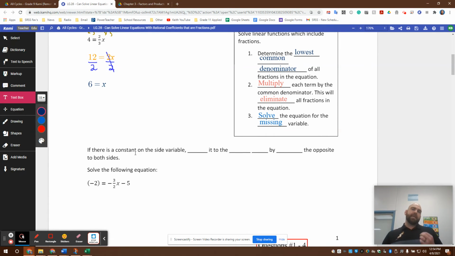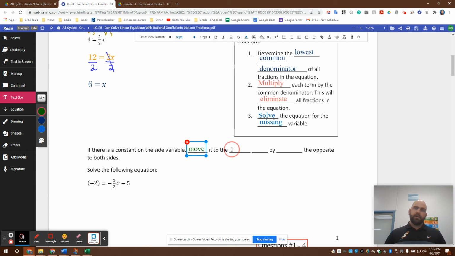Now, if there is a constant on the side of the variable, like we have right here, we have this -5 as a constant, what we're going to have to do is move it to the other side by adding the opposite to both sides.